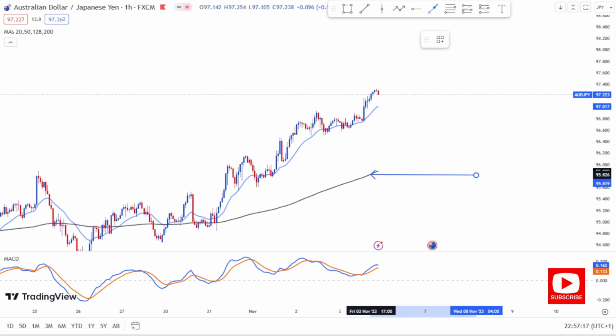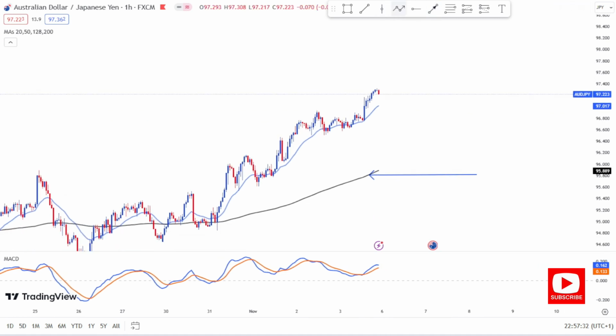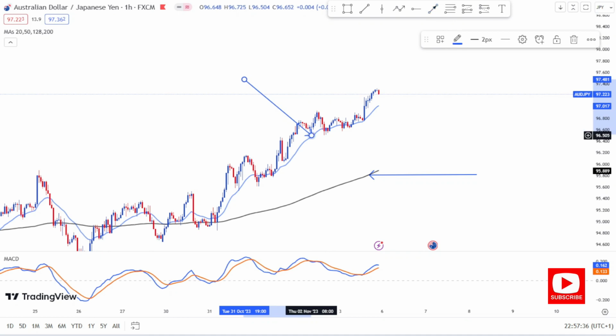So we have our moving average 200, which is going to dictate the overall trend. And as you can see, we are in an uptrend. Why? Because price is above moving average 200 as well as our moving average 20 right here.